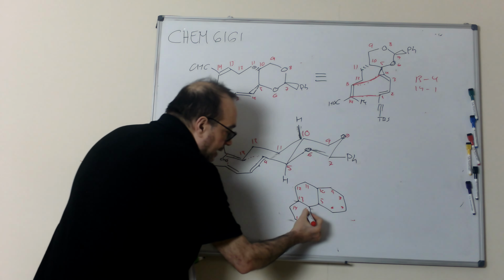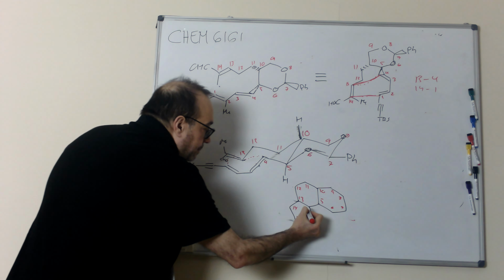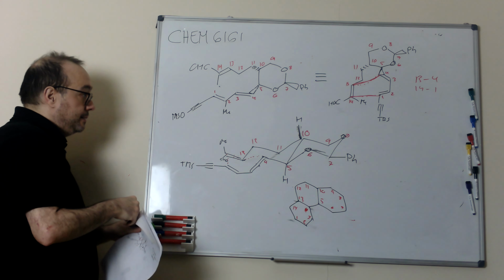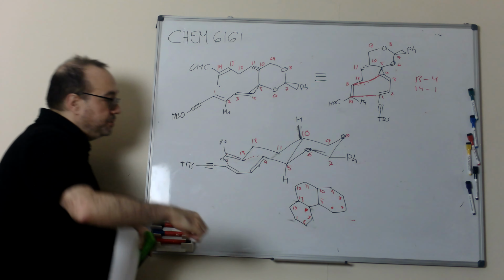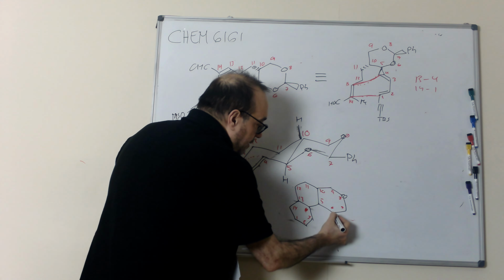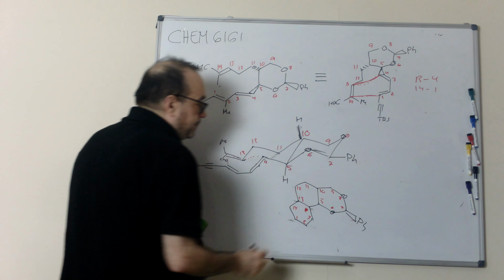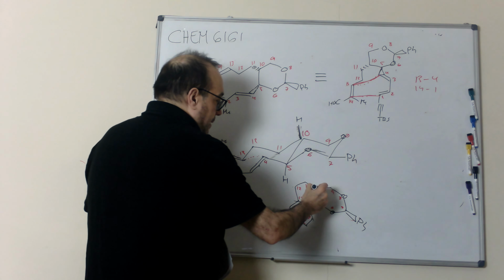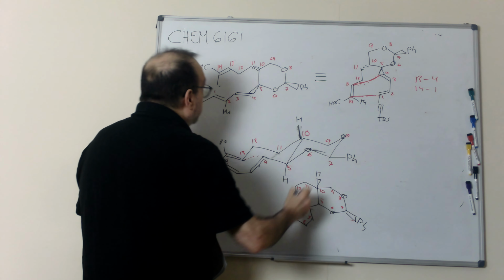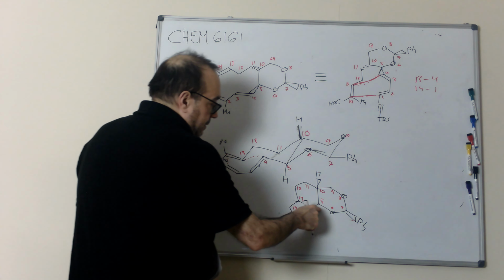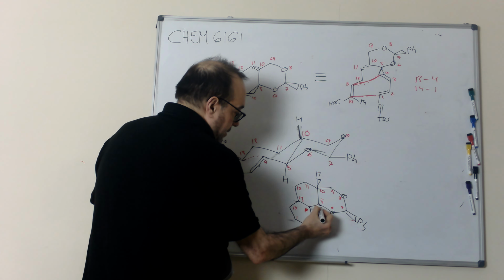I have all the numbers. And then we put the substituents. Oxygen here, the phenyl is going up. Here the hydrogen is going up. Here the hydrogen is going down.